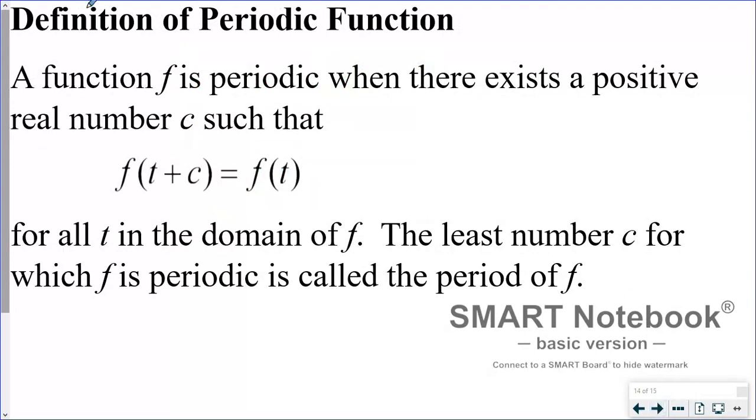Okay, the definition of a periodic function. Don't really worry about writing this down. We're going to start tomorrow with this exact same slide, and we'll go over it in a lot more detail tomorrow. But basically, a periodic function is just a function that repeats itself over and over. Trigonometric functions are periodic.